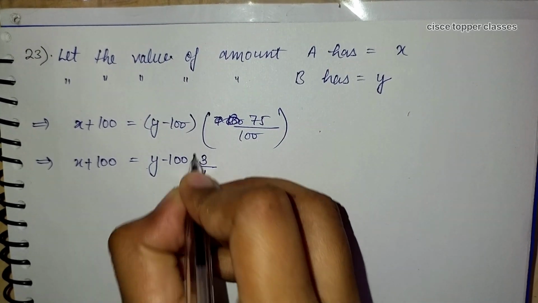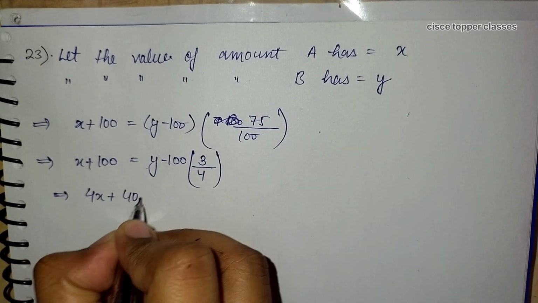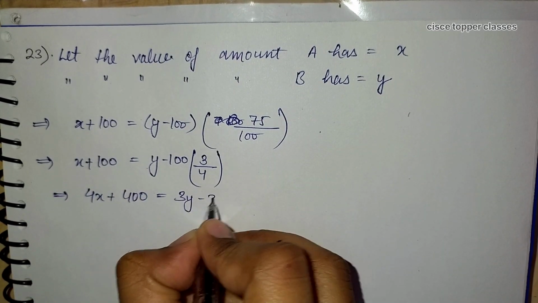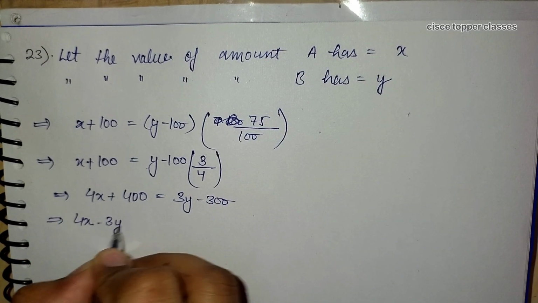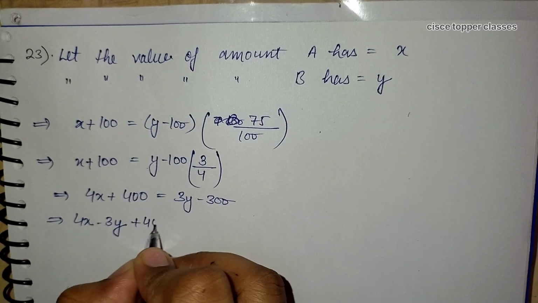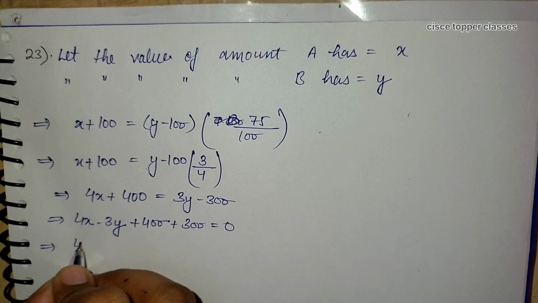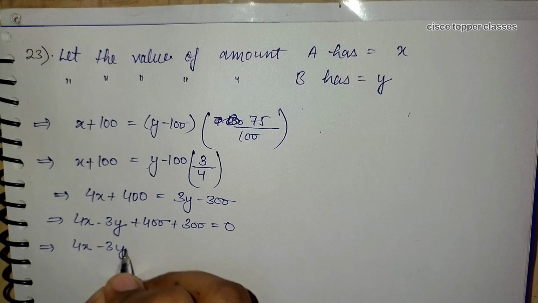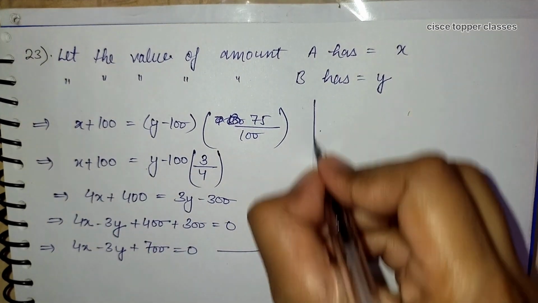Multiplying by 4, we get 4x plus 400 equal to 3y minus 300. We can write this as 4x minus 3y plus 400 plus 300 equal to 0, so 4x minus 3y plus 700 equal to 0. Put it as the first equation.